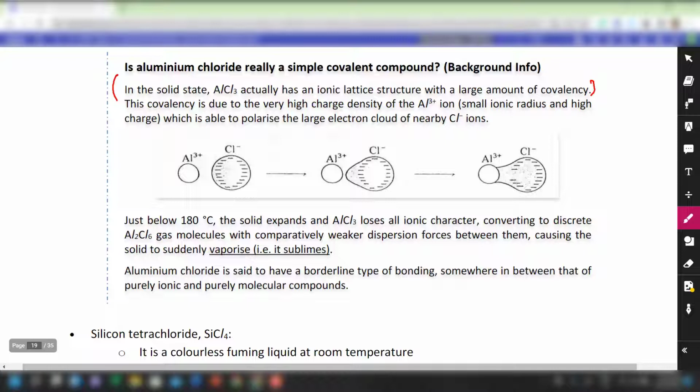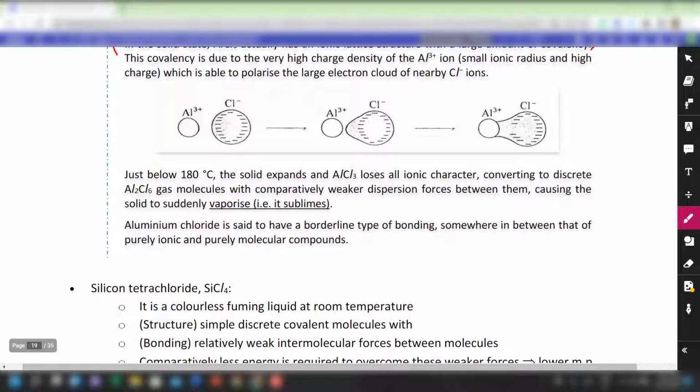So AlCl3 is very interesting because it's really borderline in terms of bonding: solid phase ionic, vapor phase simple covalent. That is something you might want to be aware of.